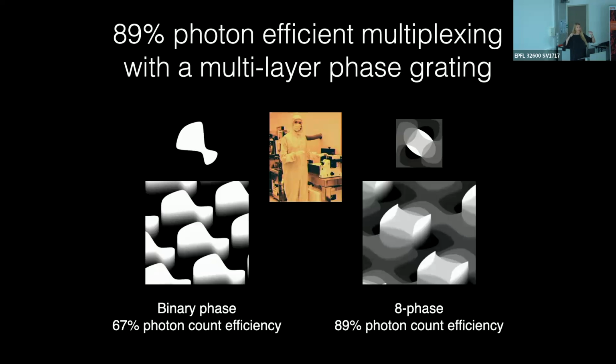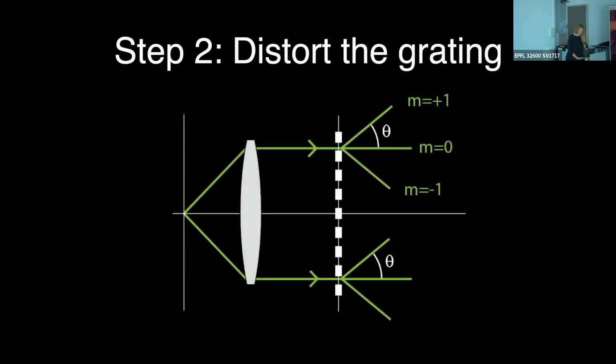You're going to have to do multi-layer gratings. You get an even more beautiful shape if you allow this optic to have multiple stair steps in the glass. So that's 3 etch layers of 8 steps. And then you get 89% photon count efficiency. I think it's amazing. It's really, really, really beautiful to make those optics.